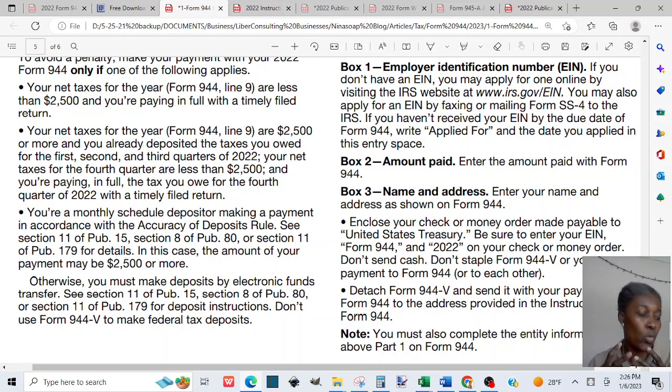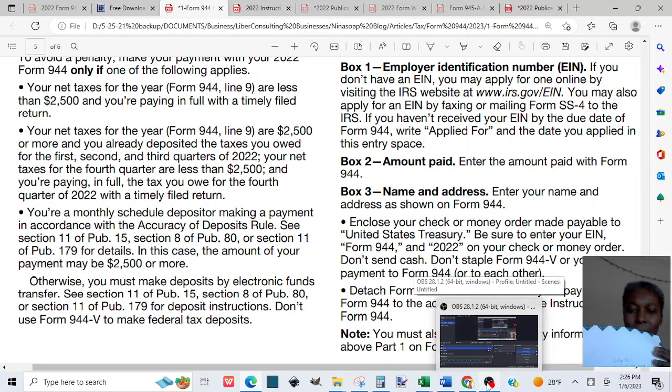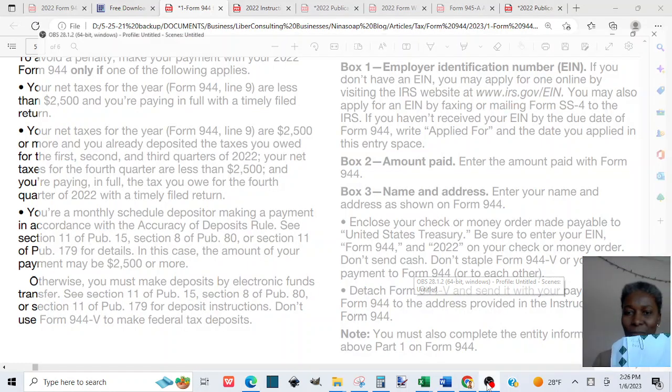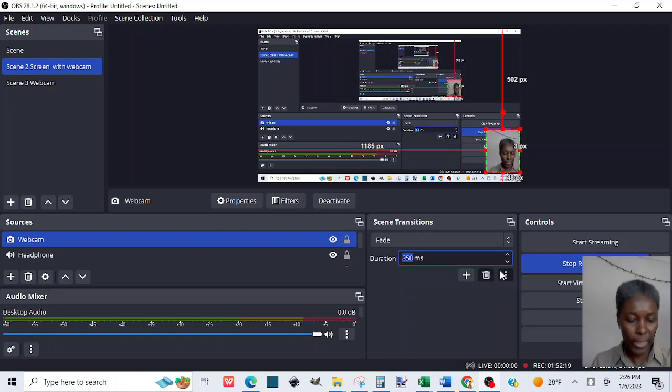What I like to do is, let me make sure I'm showing this. We will talk about the address, but you put the address on the envelope, and because sometimes I'll work on different types of forms, I like to click something on it.